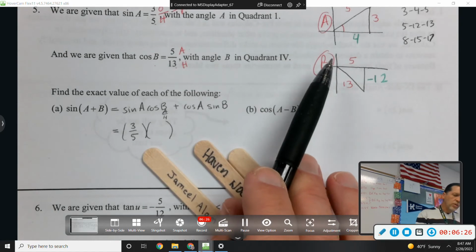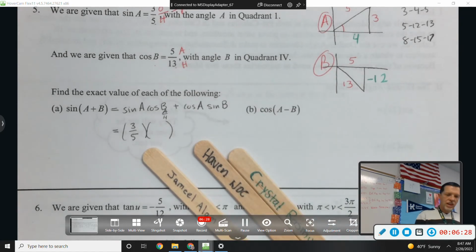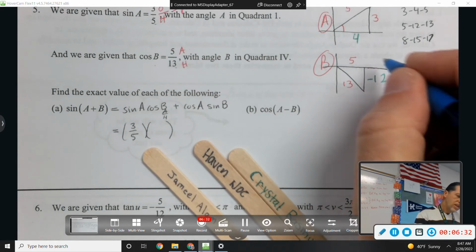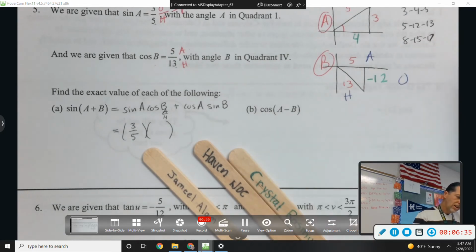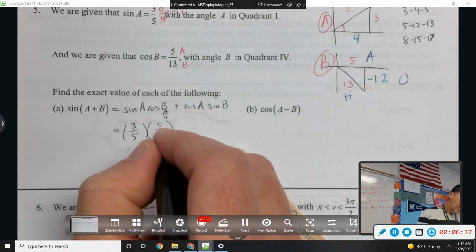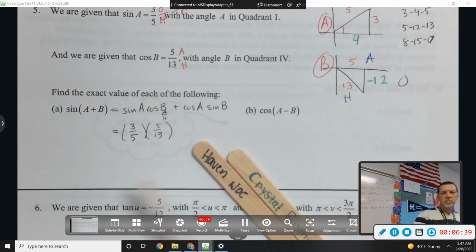So look at angle B and tell me adjacent over hypotenuse. 5/13. And you know, you can kind of go overboard on labeling stuff, but if it helps, nothing wrong with that.